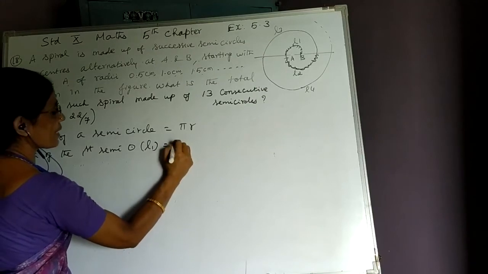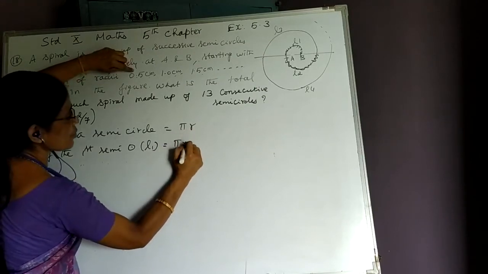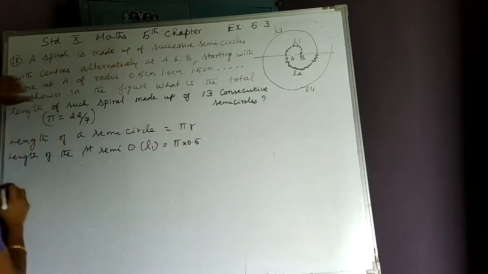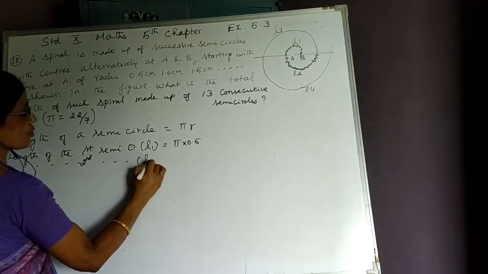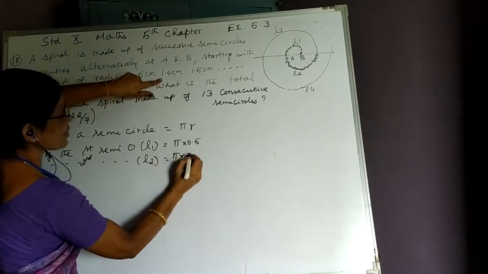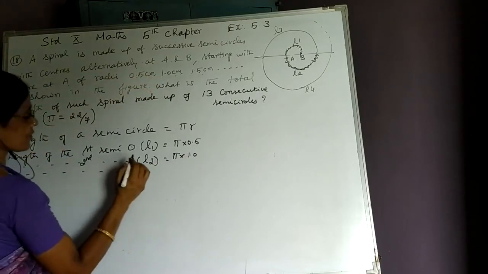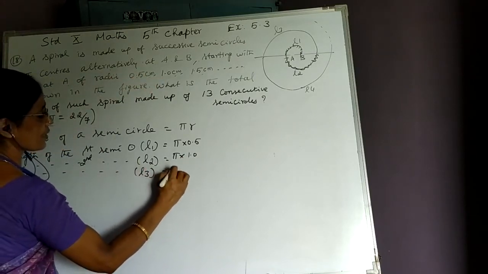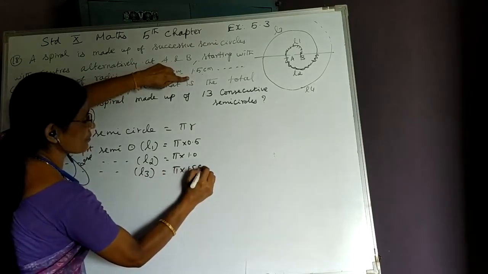L1 is pi times the first radius taken, 0.5. The length of the second semicircle is denoted by L2. L2 is pi times the radius taken, 1.0. The length of the third semicircle, L3, is pi into 1.5 centimeter.